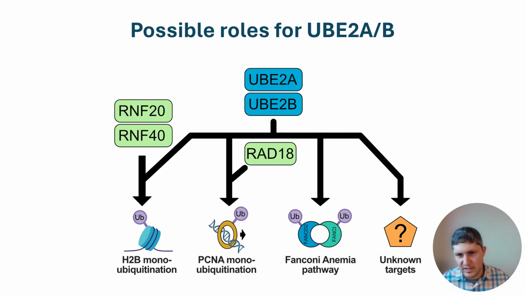And so it has not been previously shown that UBE2A or UBE2B can ubiquitinate these factors, but there could be either a novel interaction happening there, or UBE2A and UBE2B could just more broadly be affecting ubiquitin dynamics in a way that impacts the Fanconi anemia pathway. And then the last possibility is that UBE2A and UBE2B are interacting with some other unknown factors.